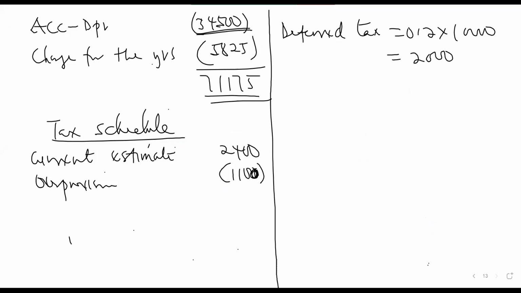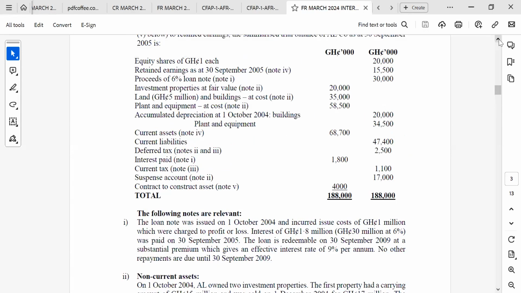Okay. Let's now go to our statement of financial position, the trial balance. What is the deferred tax that we have? 2,500. But the new provision now is 2,000.